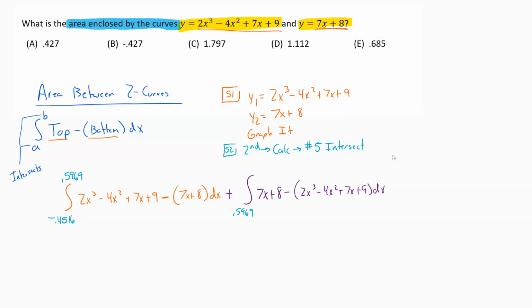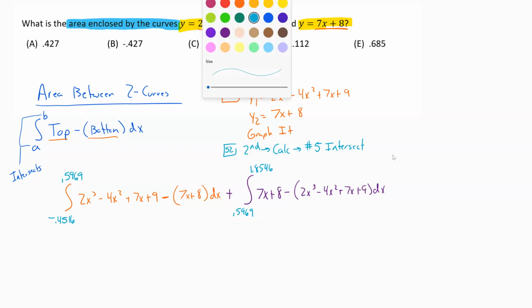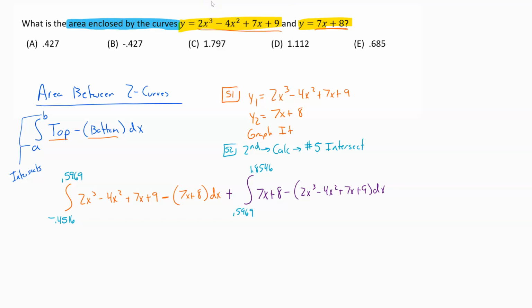So this now becomes 1.8546. Now that we're done with that, we're ready to actually go calculate these 2 values for these 2 integrals here. And once we do that, then we're going to be able to just add those 2 answers and find out which of the above options is our answer.